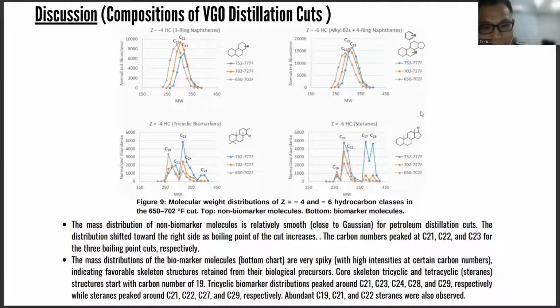Tricyclic biomarker distributions peak around C21, C23, C24, C28, and C29 respectively, while the tetracyclic steranes peak around C21, C22, C27, and C29 respectively. Abundant C19, C21, and C22 steranes were also observed.